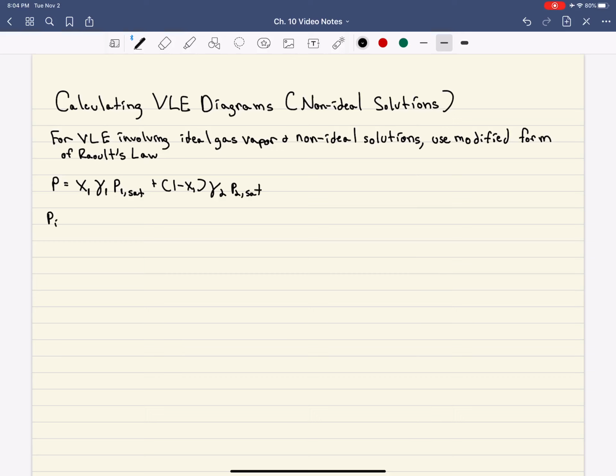For the vapor pressures, it's still the same. You would still use Antoine's equation. And the vapor mole fraction is also almost the same, except once again you would use that modified form of Raoult's law that has the activity coefficient in there.